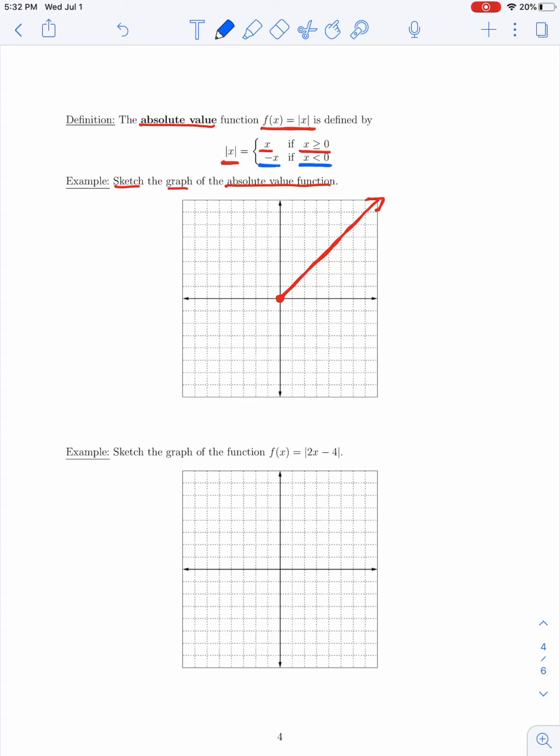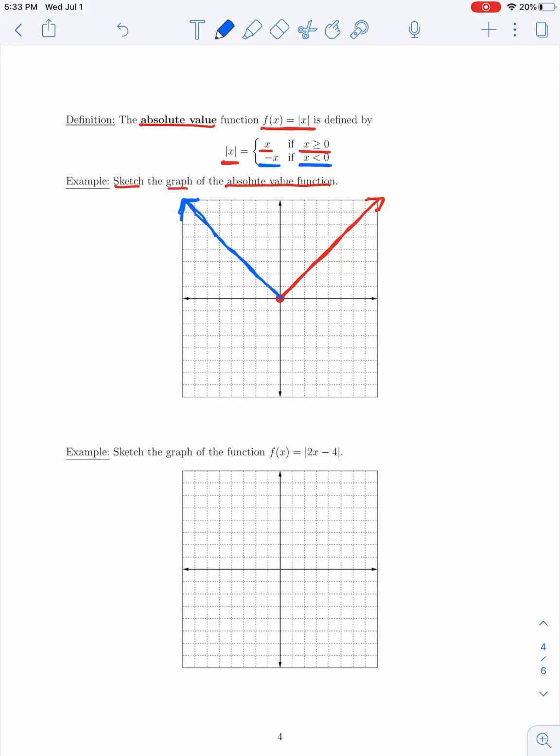So geometrically, our graph would be the graph of y equals negative x, which is a line passing through the origin of slope negative 1 for all values of x which are less than 0. So the graph of the absolute value function looks sort of like this V shape. It passes through the origin, it's always positive, and we can think of it as these two line segments of slope positive or negative 1.